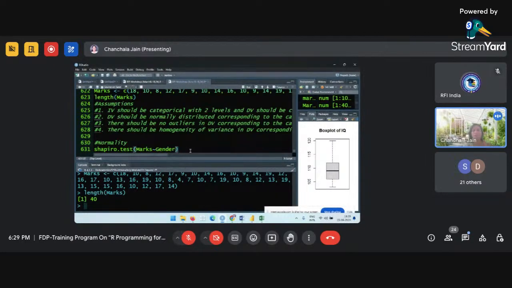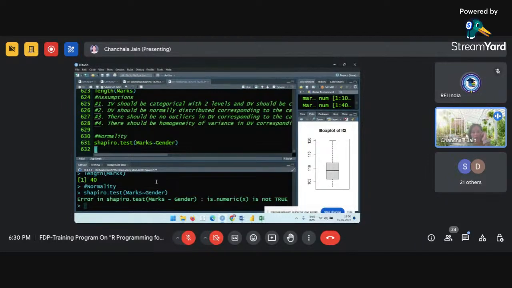This time you need to write the dependent variable first and then the tilde sign. The tilde sign is available on the second row, first key of your keyboard, before 1; you need to use the shift key. This is known as the tilde sign. You can press Control Enter.